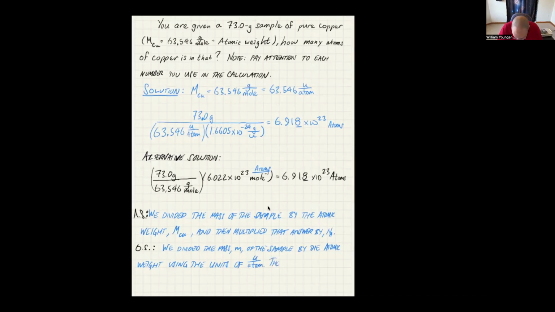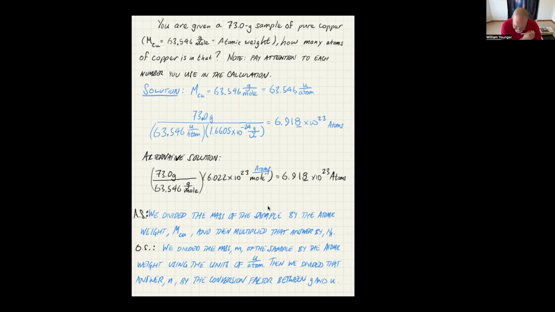Then we divided that answer, that number of moles, by the conversion factor between grams and atomic mass unit.